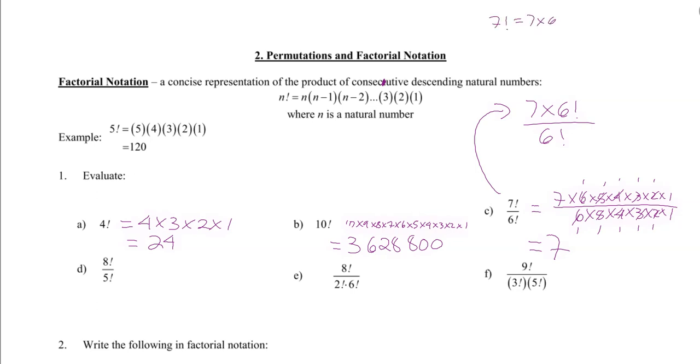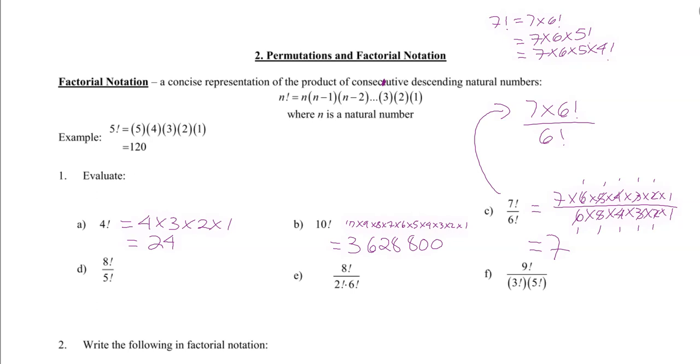So we've got the full thing, right? I could go 7 times 6 factorial. Or I could go 7 times 6 times 5 factorial. Or I could go 7 times 6 times 5 times 4 factorial. So the idea being, I can stop writing a factorial anytime I want. I just start out with the term, multiply it by the next lowest number, and when I decide I'm done, I just put down the factorial symbol.